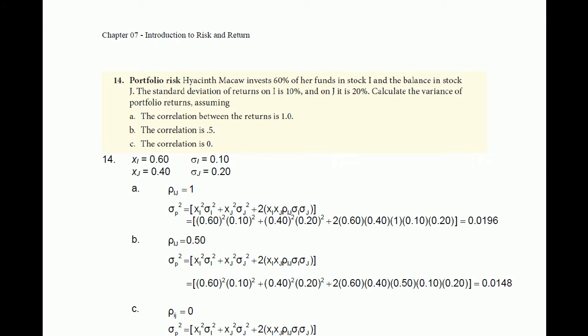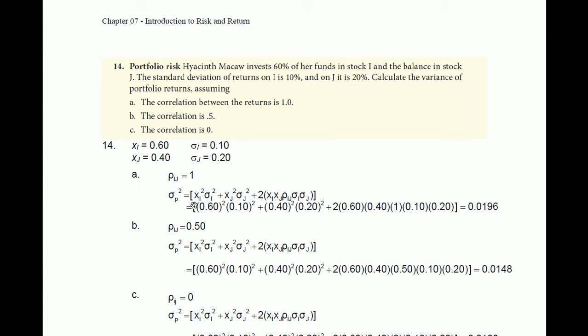So we need to calculate the variance of portfolio returns, assuming A, the correlation between the returns is 1, B, in another case, the correlation is 0.5, C, another case, the correlation is 0. So the share in two stocks is 60% in I and 40% in J. And the standard deviation for stock I, sigma I, is 10% and sigma J is 20%.